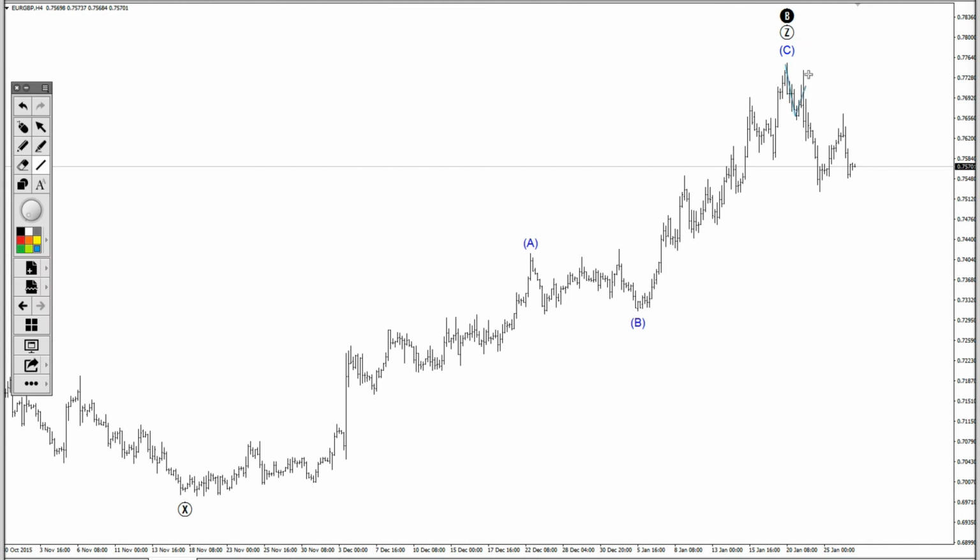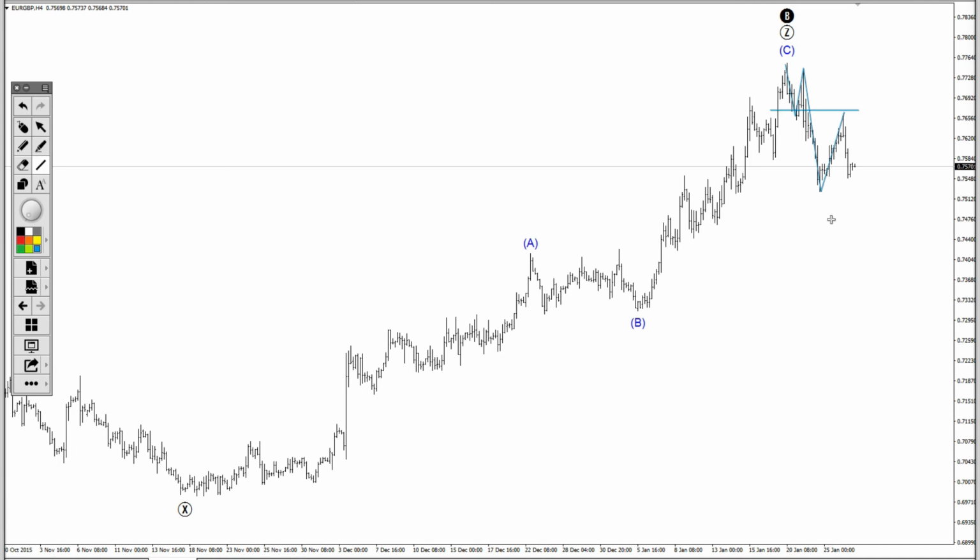So if we draw here first the three waves down and then the move higher, there's an overlap between these waves, and this is not a valid impulsive wave if there's overlap between wave 1 and wave 4. So this is a problem and is giving mixed signals on this pair, since we have a powerful move down after that and looking bearish right now.